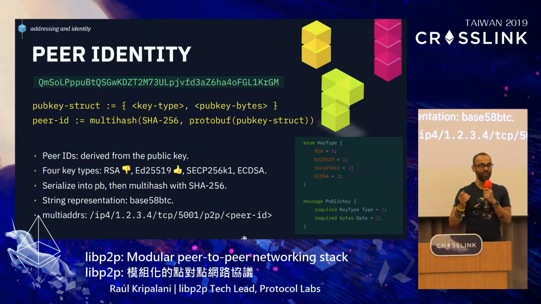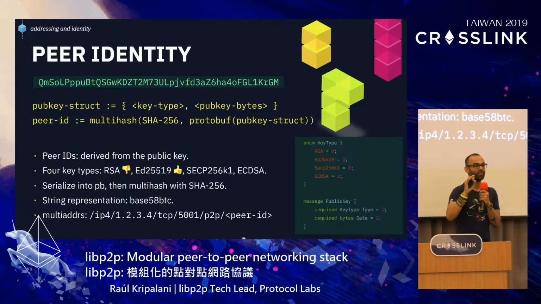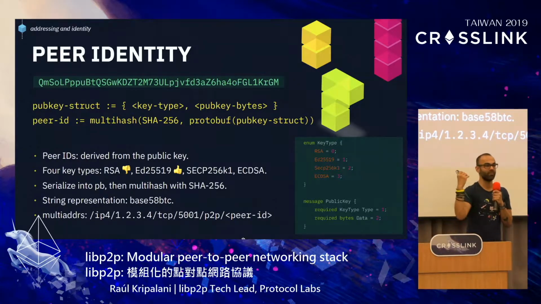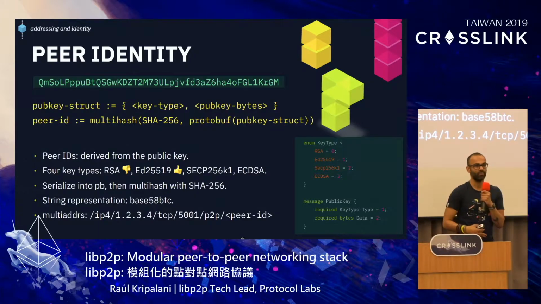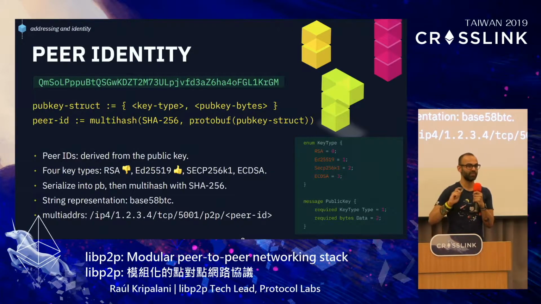So a key concept within the libp2p networking stack is peer identity. Peer identity and peer IDs are derived from public keys. And libp2p supports 4 different types of public keys. There is nothing preventing you from adding a 5th, a 6th, a 7th type of cryptographic key, but of course, you would need to do that across all implementations because otherwise you'd break interoperability.